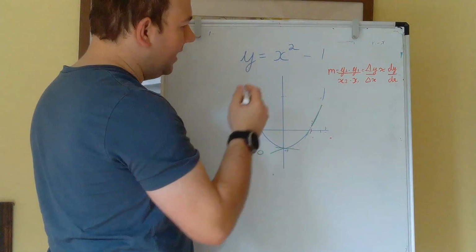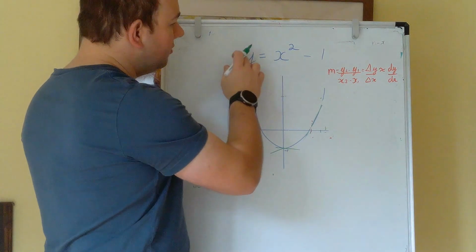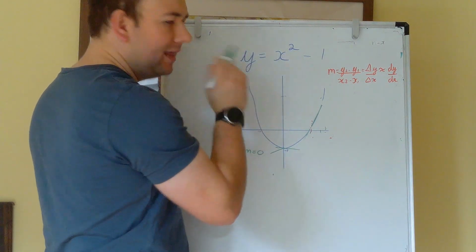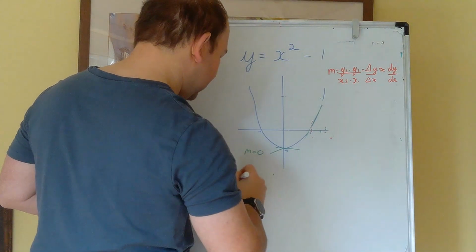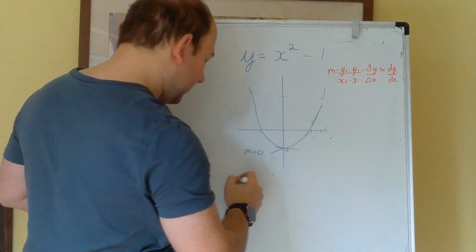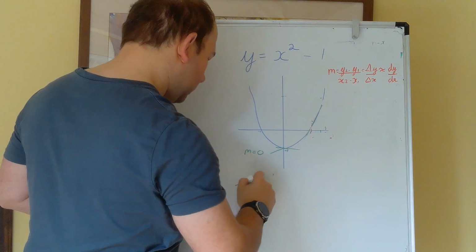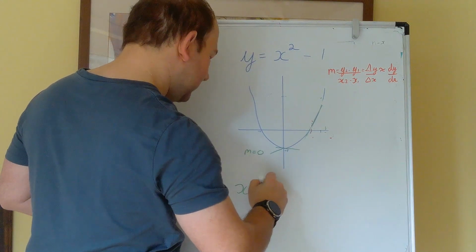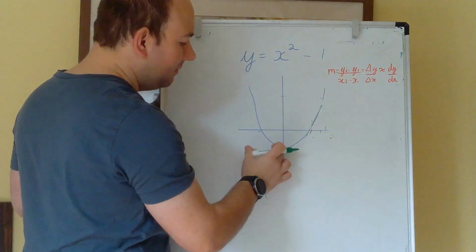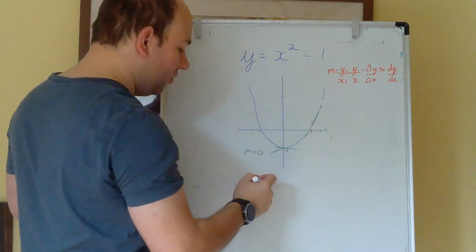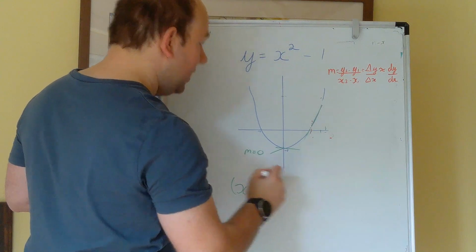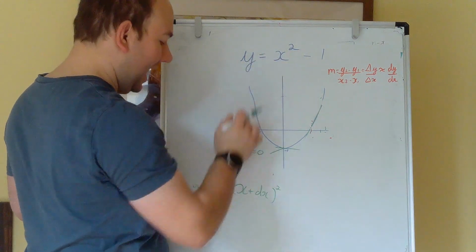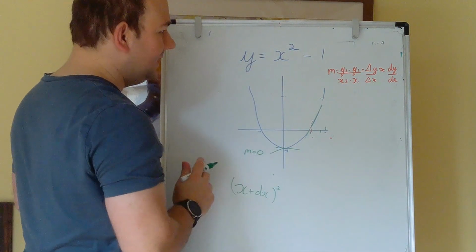So what I'm going to do now is, let's say you wanted to evaluate this at that little bit further on than x. What we have is, we change this x to x plus dx. So that's that little point a tiny bit further on than the x-axis. So that will now be squared because we're just replacing this x term with x plus dx.